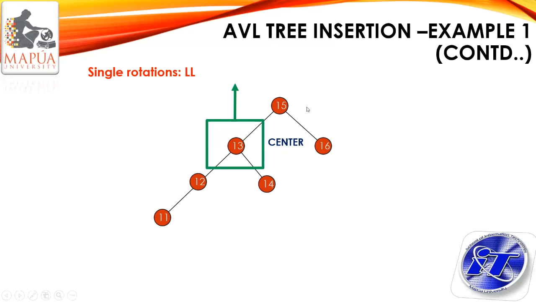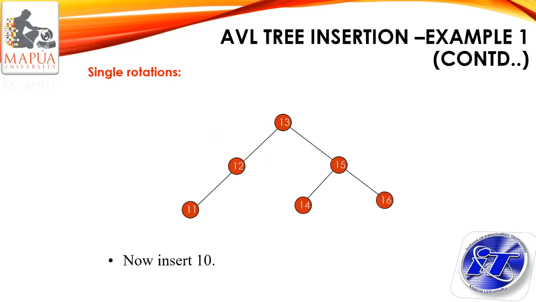Since 14 is smaller than 15, when we connect 14 to 15, it should be on the left side as a child node of 15. So the result will be this. 13 will be the new parent node, and 14 is now connected with 15. Okay, so let's check if all BF are correct. So all are accepted, therefore this is already an AVL tree.